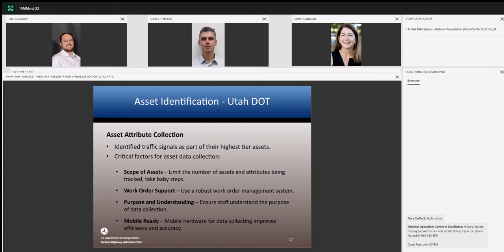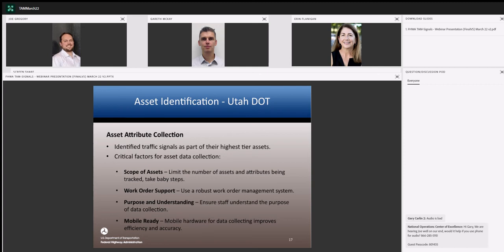So going out and initially collecting data, as soon as someone goes out there, opens a cabinet, does something to that traffic signal, things change. And so it's important to have a connection there to that process, otherwise the information quickly becomes out of date, and people lose confidence in it.